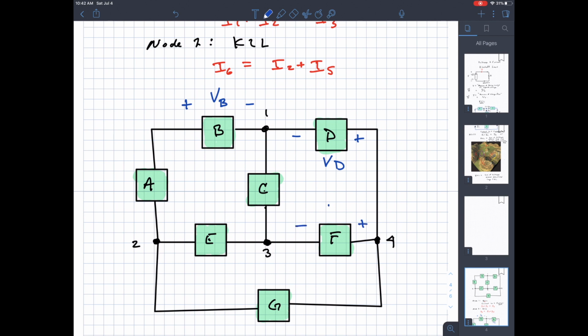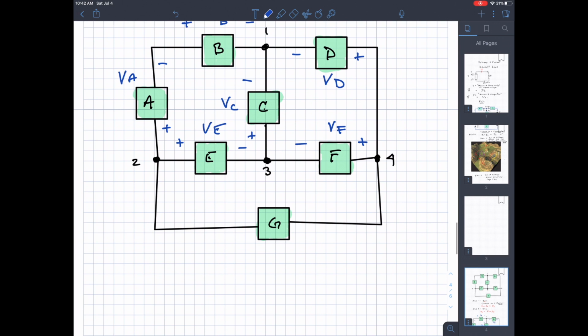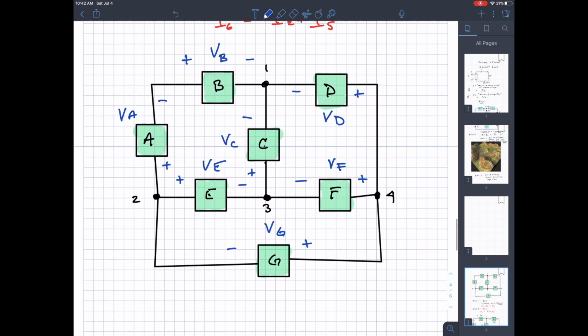Plus minus VF, minus plus VC, plus minus VE, minus plus VA. Later on we start to do a consistent way of assigning these, but all the physics would work out if I do sort of random assignments, as long as I'm consistent throughout a circuit.